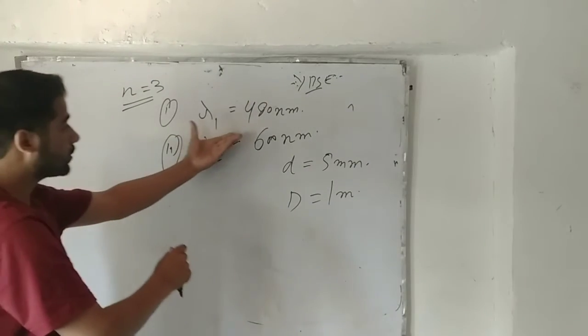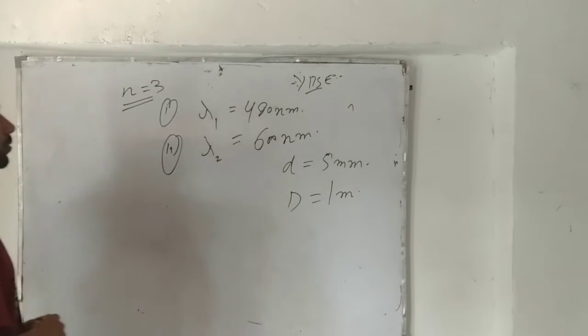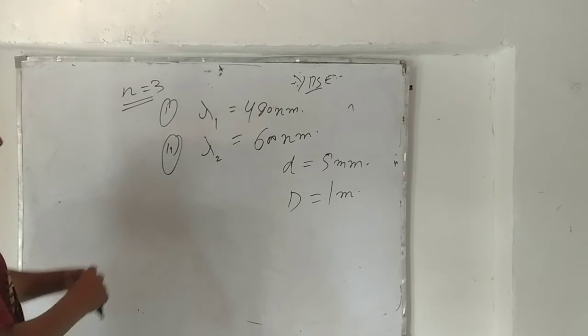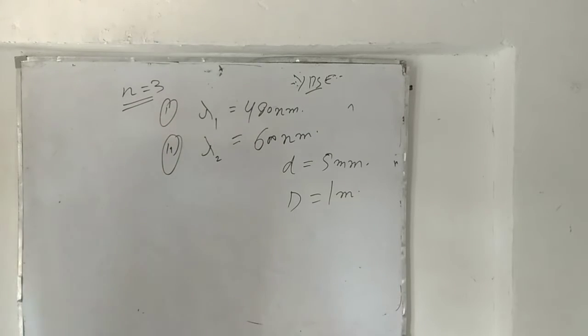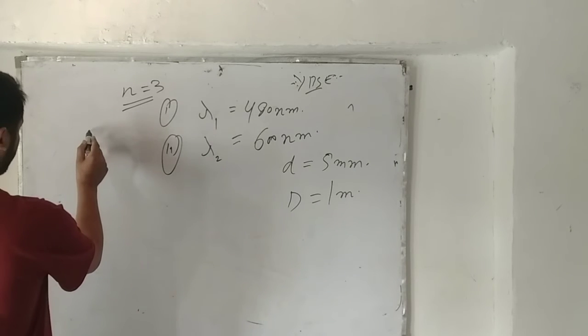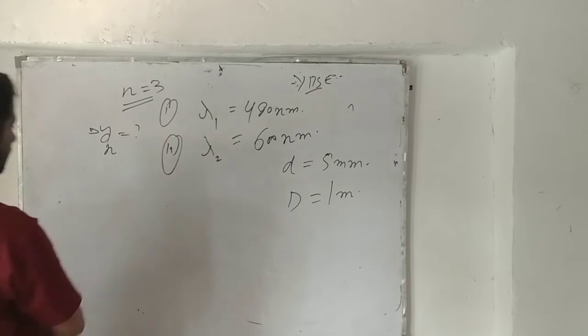When we use this light source we have a third order bright fringe, and when we use this other light source we also have a third order bright fringe. But what's the distance between these third order bright fringes as they appear on the screen in the Young's double slit experiment? This is what I need to calculate.